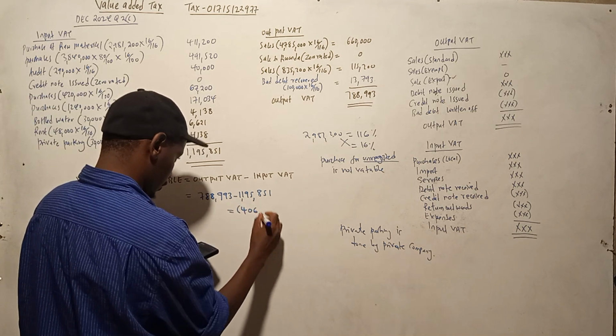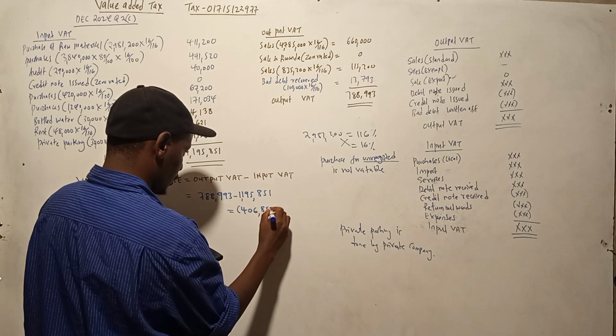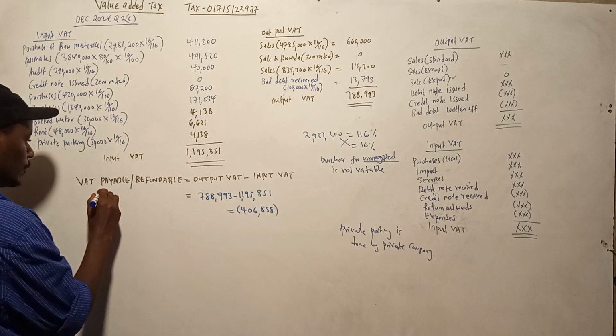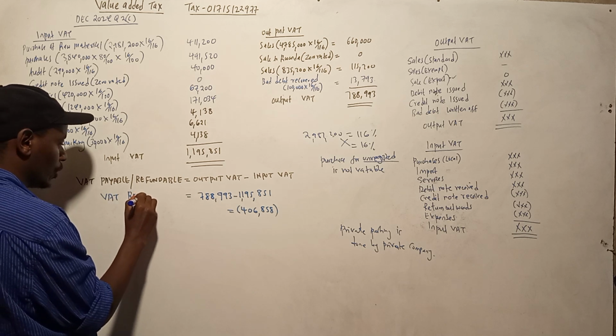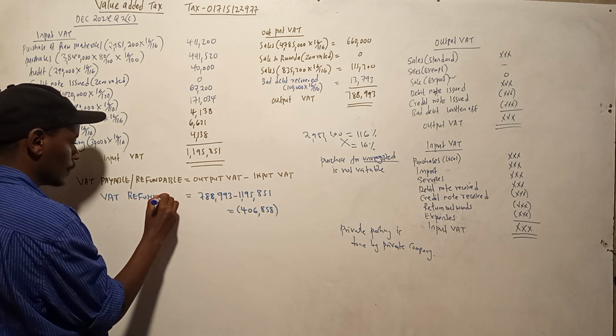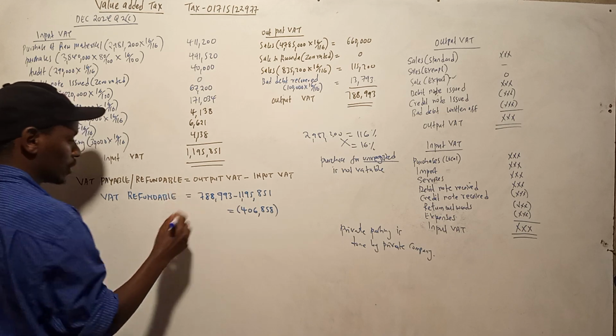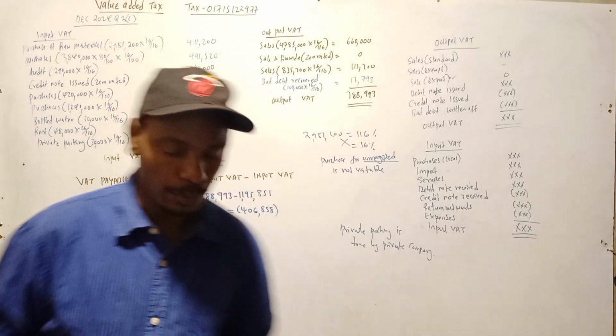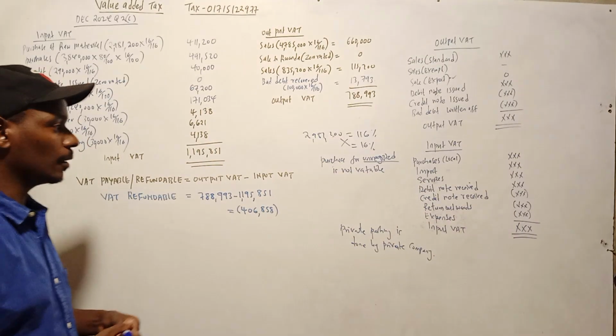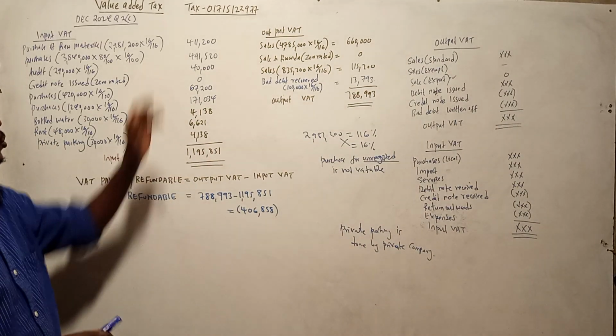You are not supposed to pay VAT. KRA is supposed to refund you 406,858. So this is VAT refundable. That's how you are supposed to do such a question.